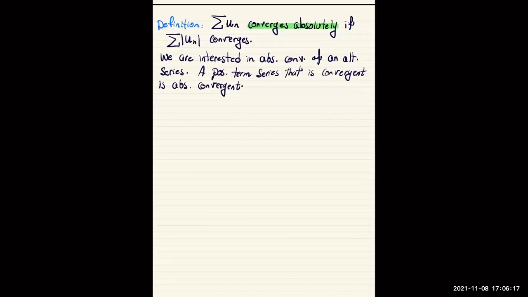Example. Again, (-1)^(n-1) of, let's say, 1 over n squared. So what you do again, u sub n is this whole thing.